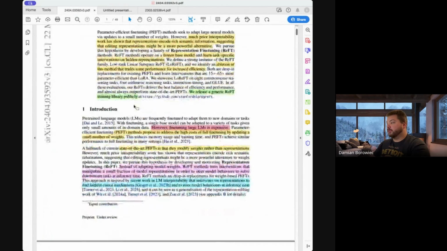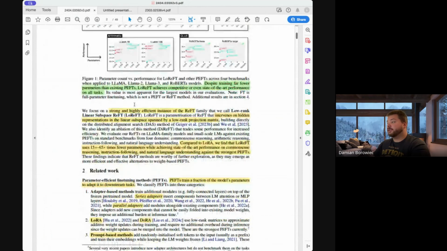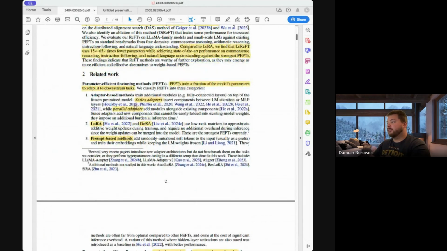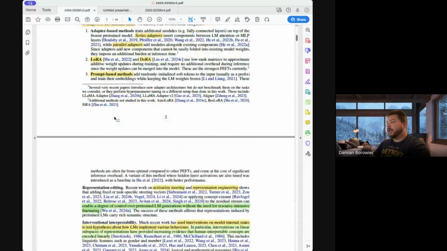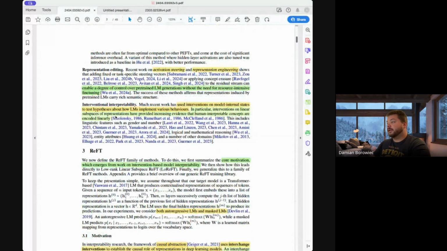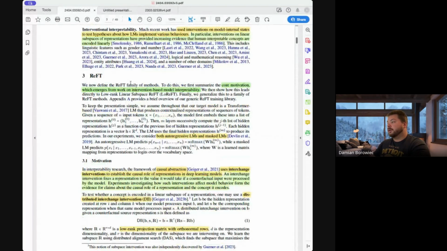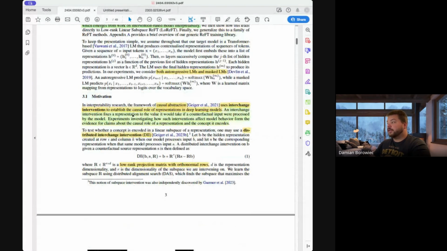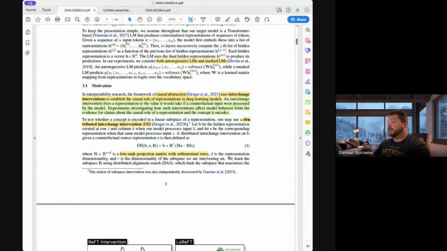So we've gone through the motivation for this paper. We talked about the adapters, LoRA, DoRA, and prompt-based methods such as the prefixes, and then they introduced ReFT, the idea of causal abstractions, the high-level models that map to low-level variables, and the distributed interchange interventions, which is essentially this.